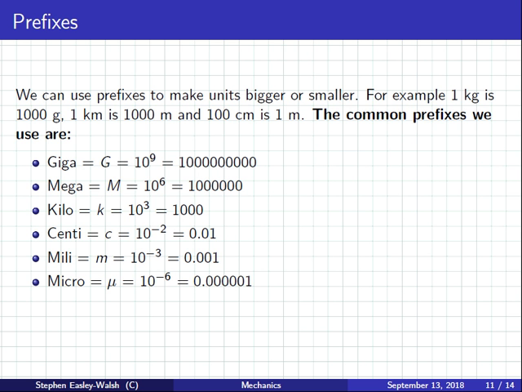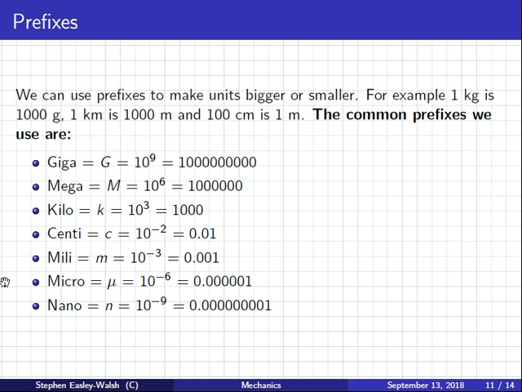The next one. What's after mu? One more. Do you know? Last one. It's called nano. It's n, and it's 10 to the power minus 9.